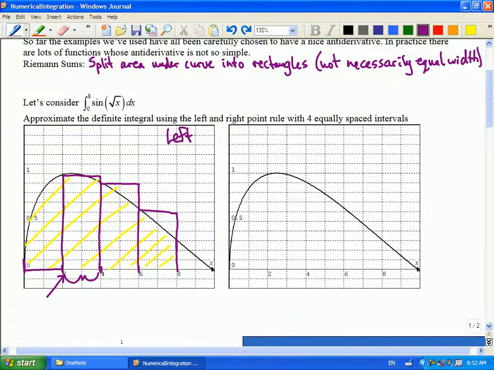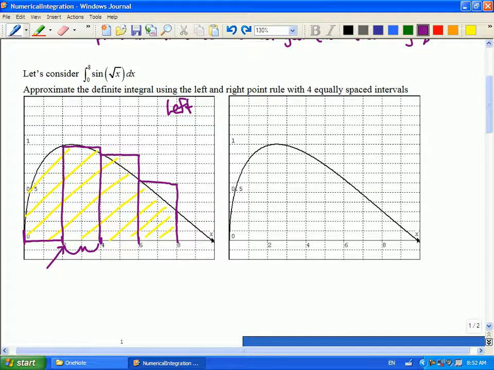So if we want to figure out what's the actual area that we could compute here, I'm going to use these values here. I need the height times the width. So the width on each of them we said is equal, and it's 2. But I want the height at each of these.